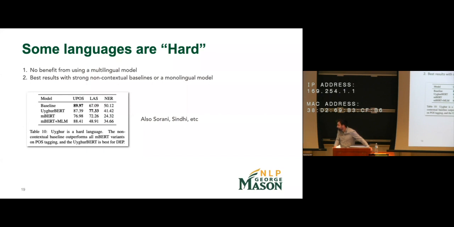Yep. Is initialization the only difference between these two, or is the MBERT model different? I'm pretty sure that it's the only one. There's a small chance that the Uyghur BERT is smaller. I'm not completely sure. It might have fewer layers. But that would be the only thing, really. I guess there's also a question of stopping conditions. Yeah, but you're right that the random initialization is doing better.